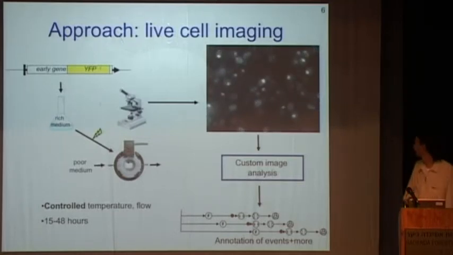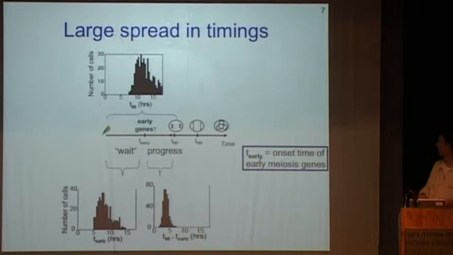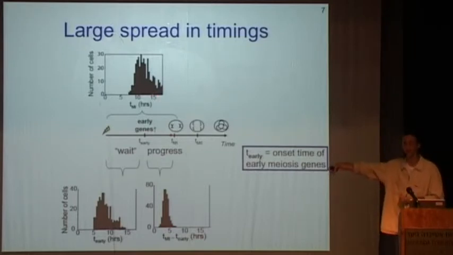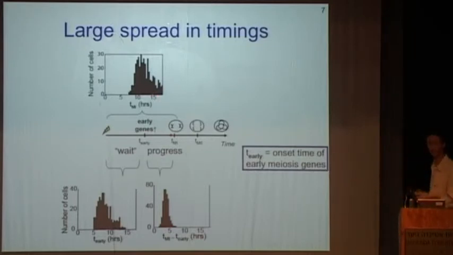Okay? And if we're able to do that, we can start to ask questions about what is the distribution of decision times. The answer here is very broad. So compared to the cell cycle, which only takes an hour and a half, cells can commit from anywhere between 7 to more than 24 hours after you give them the signal. So this is a puzzle why they need to do that.